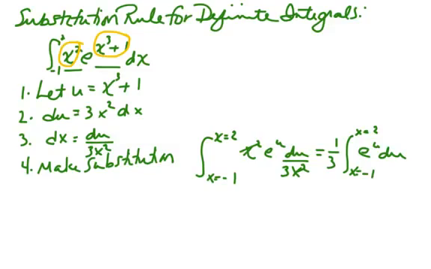So remember, this is the function that we defined when we let u equal x cubed plus 1. That's really g of x. So what we're going to do to change the limits of integration, which is our fifth step, we're going to plug in the x values into this function g of x and get them in terms of u.